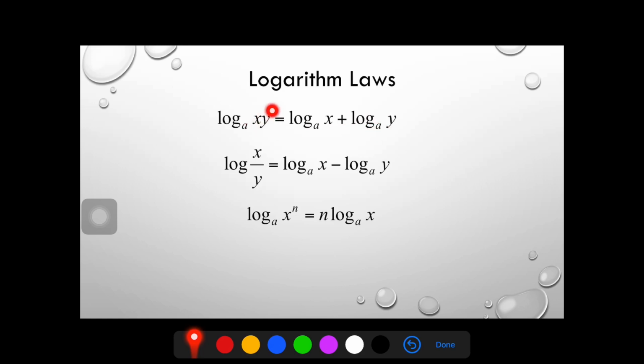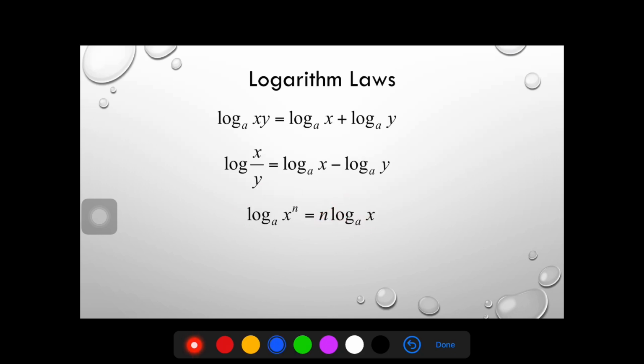So multiply will become plus. Second one, divide. Log a of x divided by y equals to log a x minus log a y. And then the third one, log a x power of n. So this power can be brought to the front to become n log a x.